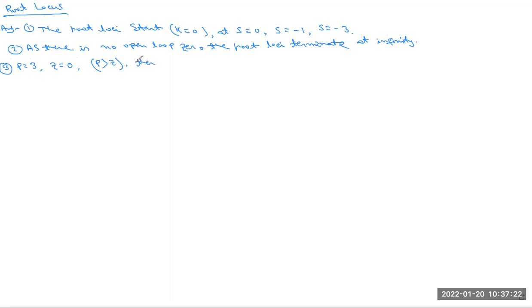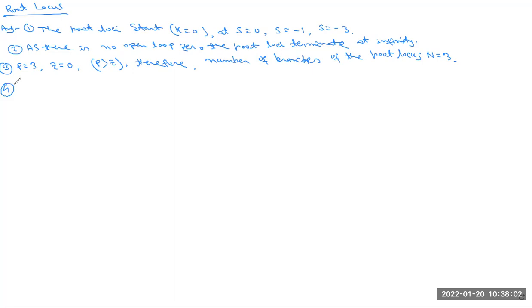Therefore the number of branches of the root locus is N equal to 3. We express the number of branches as capital N, and it is the same as the number of poles.